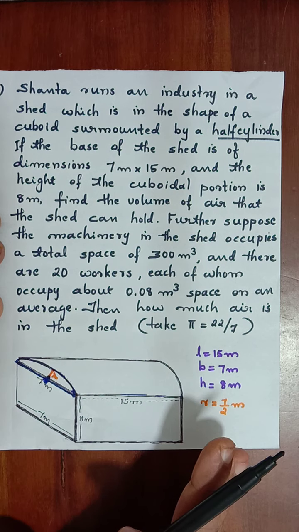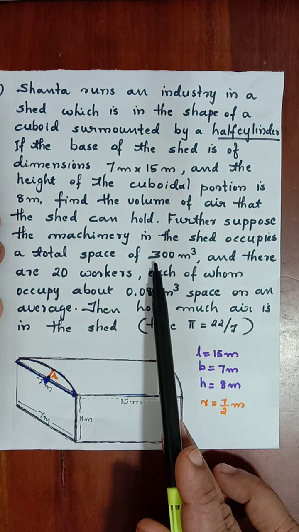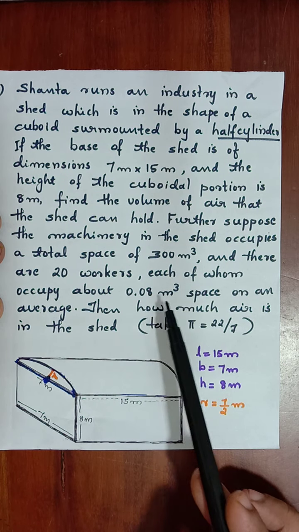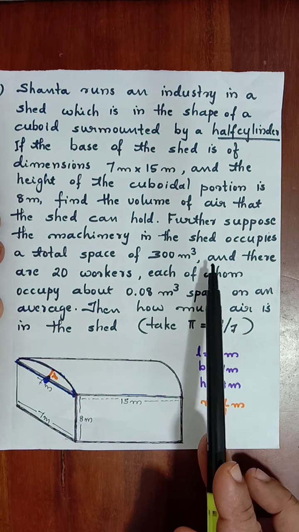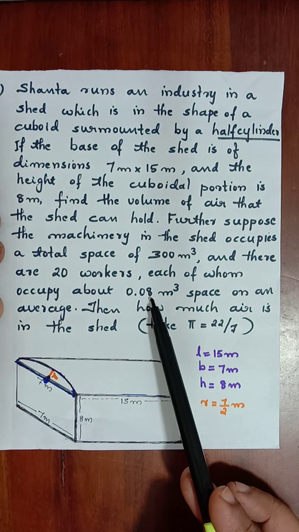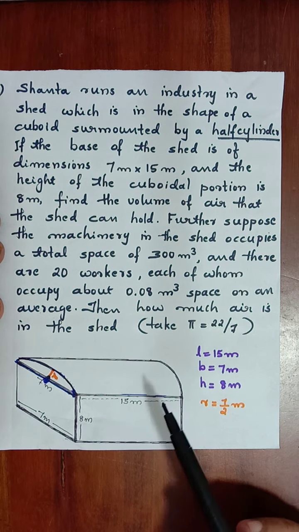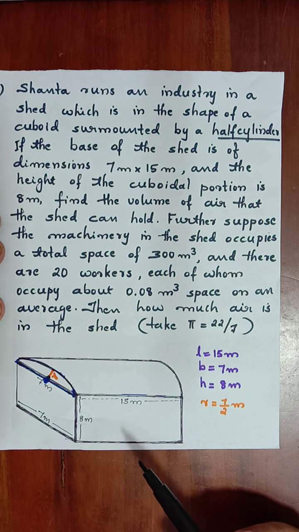From that total volume, we have to subtract space occupied by machinery as well as volume occupied by 20 workers. So 300 meter cube plus 20 workers space, 20 into 0.08, also should be subtracted from the total volume.